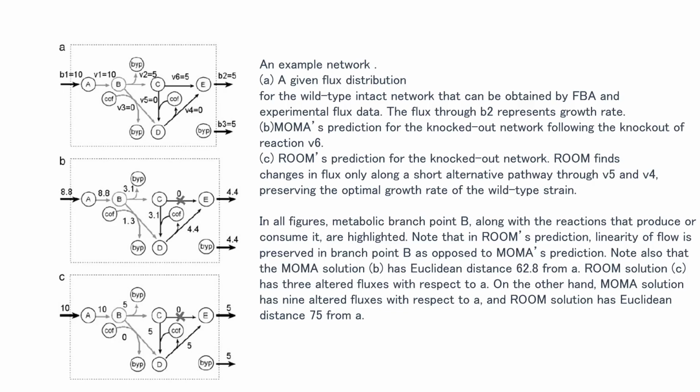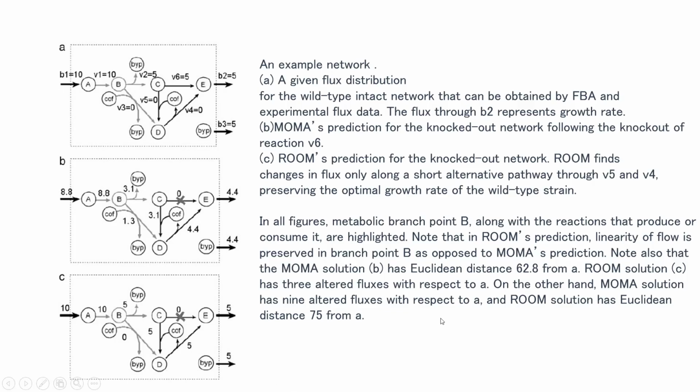But in general, the major difference between MoMA and ROOM is that ROOM will take into consideration the regulatory constraints and it will try to maximize the growth rate. MoMA, on the other hand, will not take the regulatory constraints into consideration, and it is not always the case that the maximum growth rate is the ideal solution.